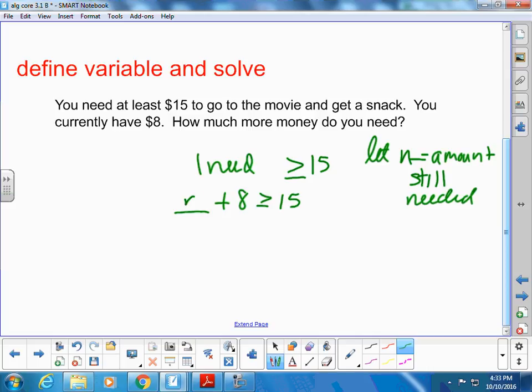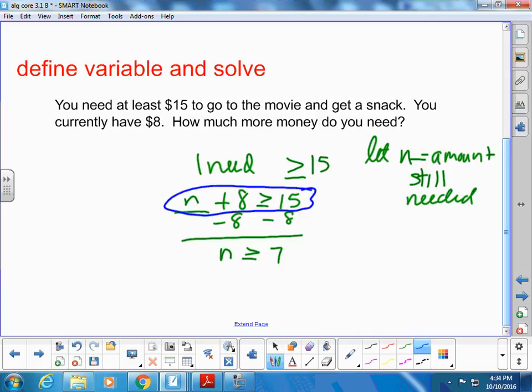So I'm going to say N plus $8 has to be greater than or equal to 15. So I don't still need 15. And if we're going to actually solve this, we could subtract 8. And we would say I still need at least $7. But we're actually just supposed to write this. So this would be our end spot here. We would just be able to write that inequality.